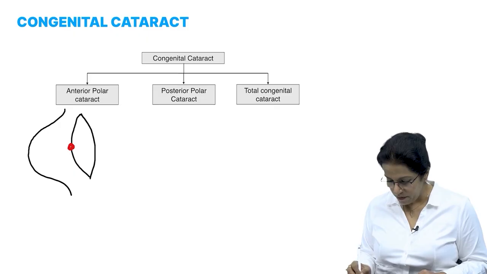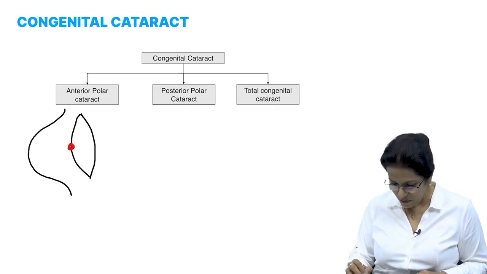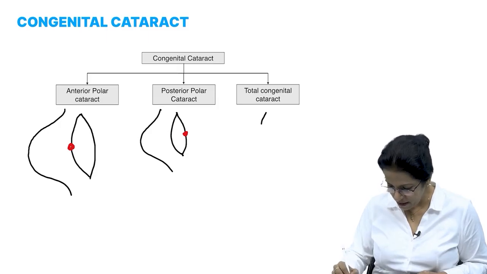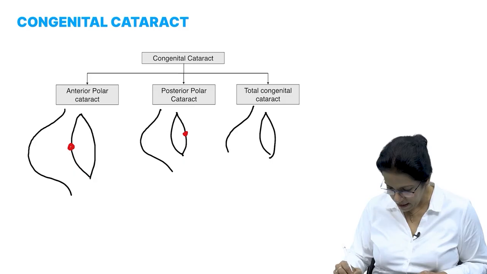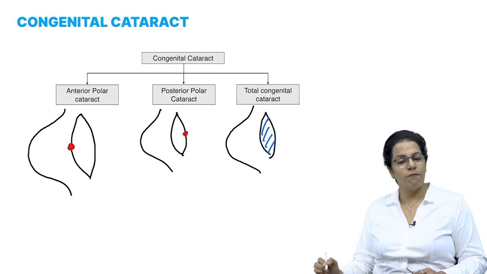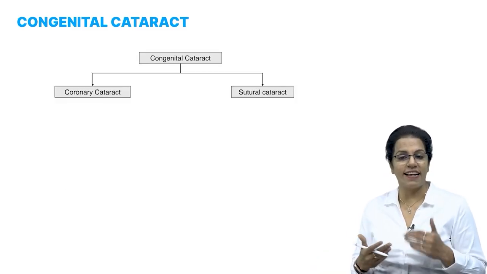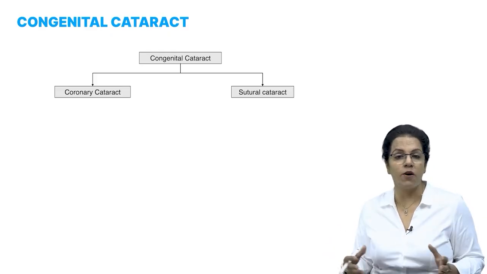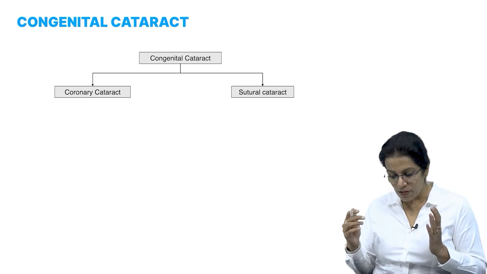Okay, so if you want to draw along the oversimplified diagrams that I draw, we can draw it together here. This becomes your posterior polar very quickly, and then comes your total congenital cataract, which means the whole lens is opaque. Right? The next type of congenital cataract that we have to keep in mind is coronary, which is nothing but peripheral cortical opacities. And what is sutural cataract?